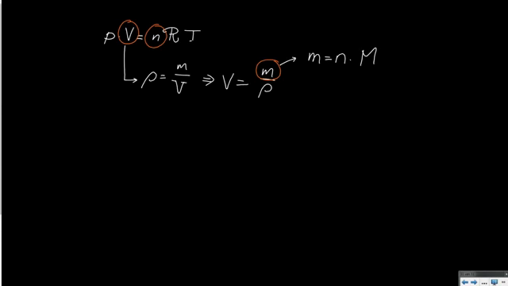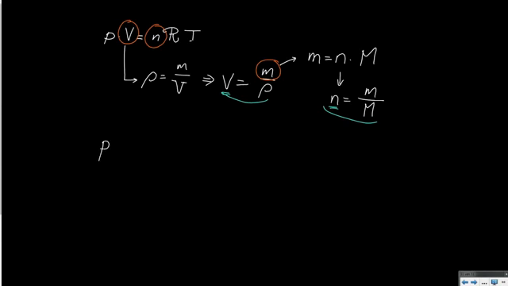And this also shows that for N we can write, this is the mass divided by the molar mass. Well, this is something that would really help if we use this equation and this equation to replace N and V with these other variables. Let's see what we get then.